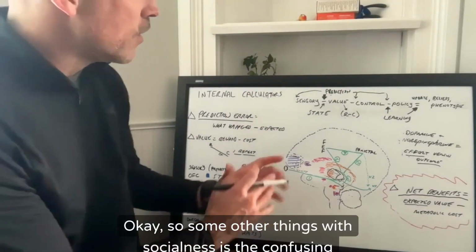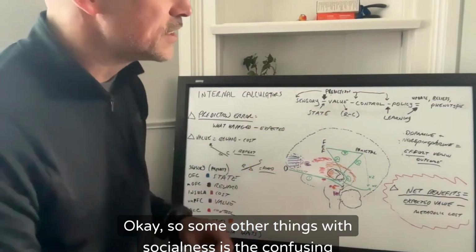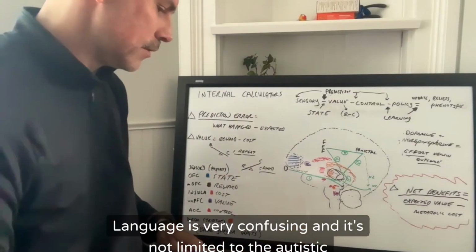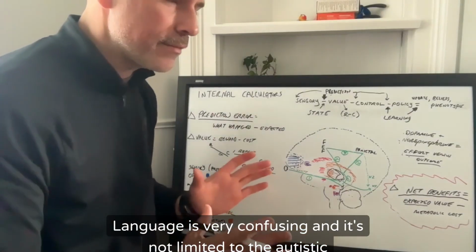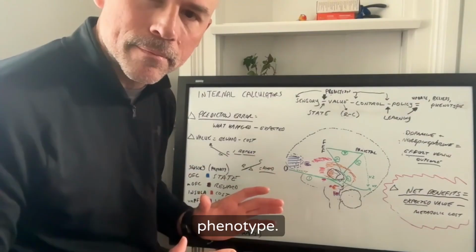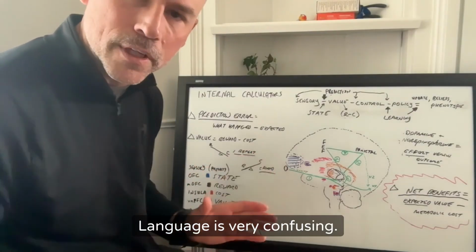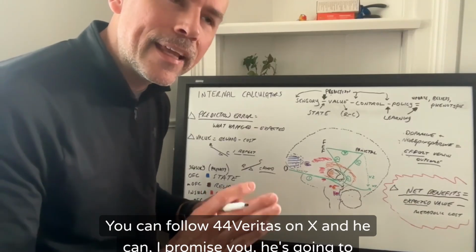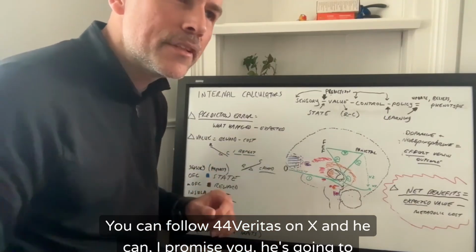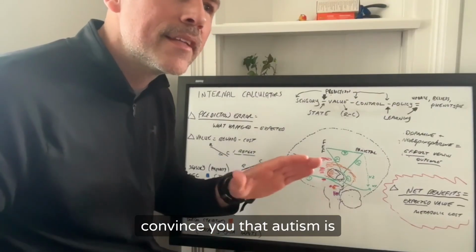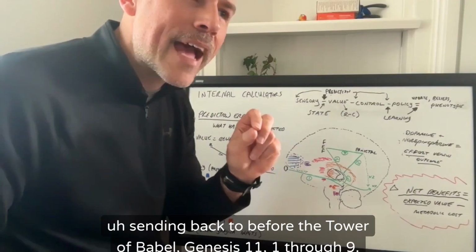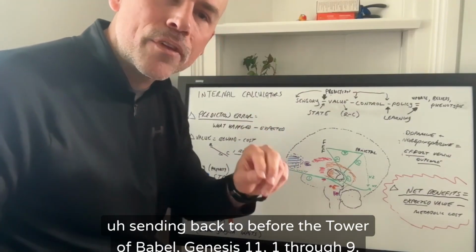Some other things with socialness is the confusing language. Language is very confusing, and it's not limited to the autistic phenotype. You can follow 44 Veritas on X, and I promise you, he's going to convince you that autism is sending us back to before the Tower of Babel, Genesis 11, 1 through 9.